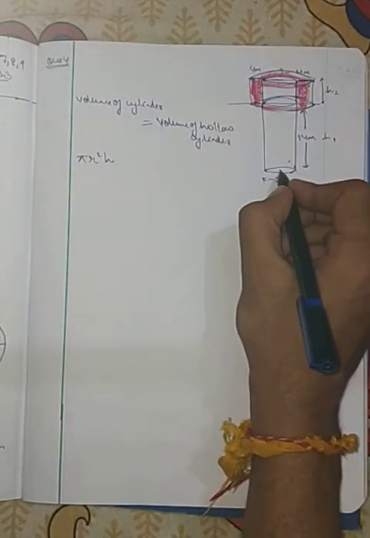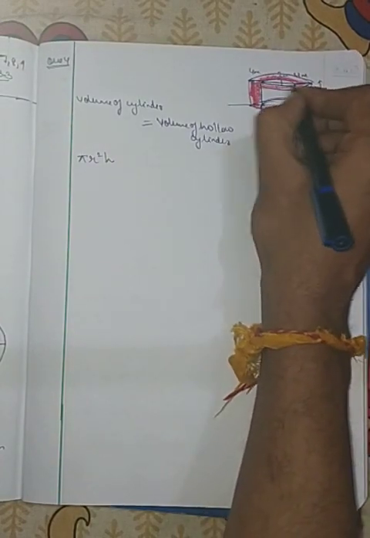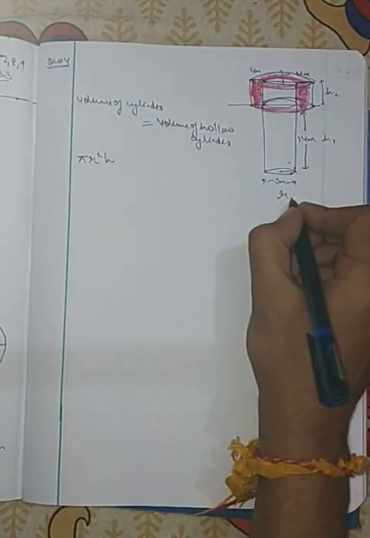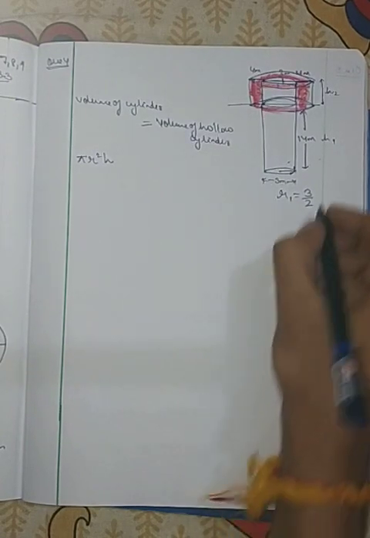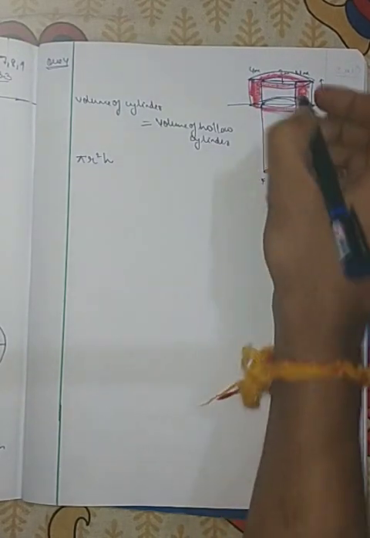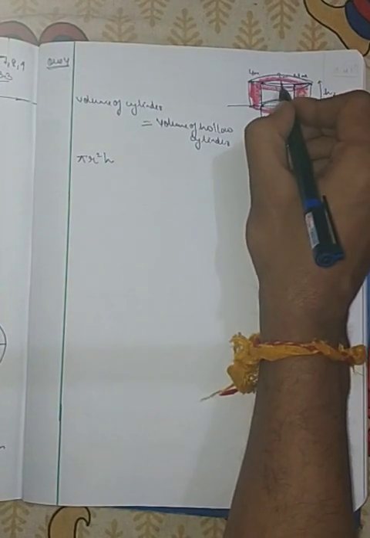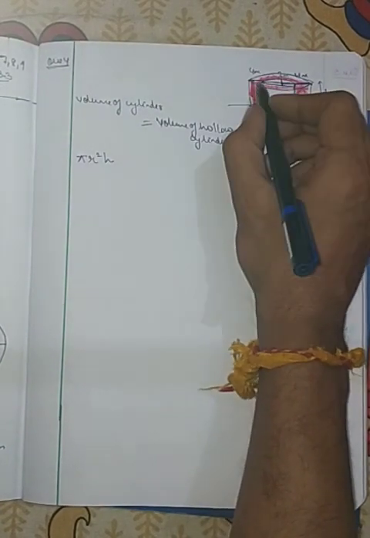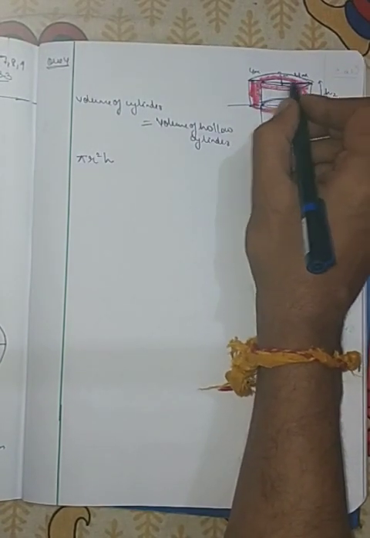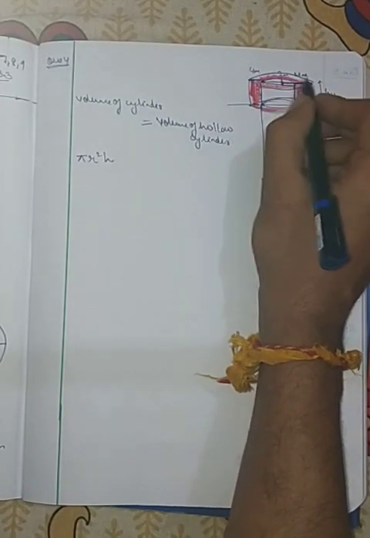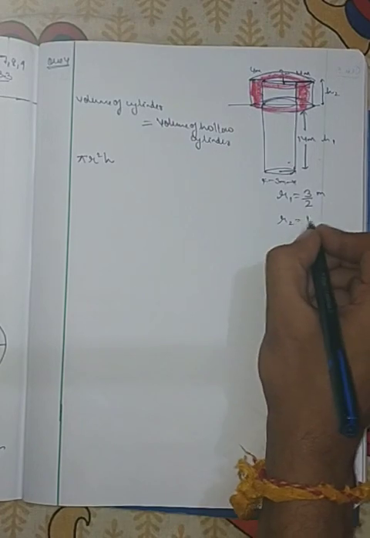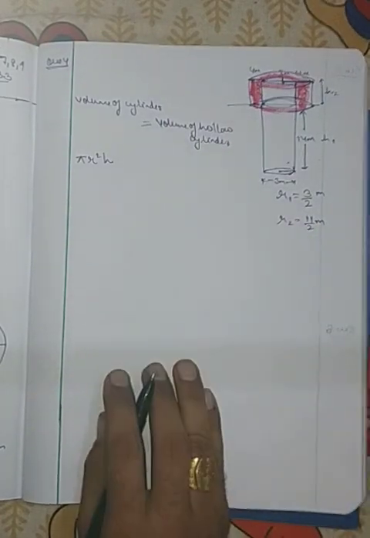Here also we are having r. Let r1 be the radius of the cylinder, that is 3 upon 2 meters, and r2 is the radius from here to here. Complete is 4 plus 3 is 7, 7 plus 4 is 11. So the diameter is 11, so the radius will be 11 upon 2 meters.